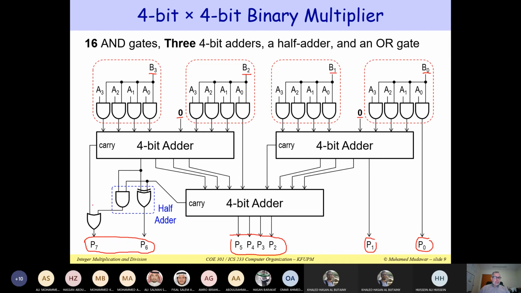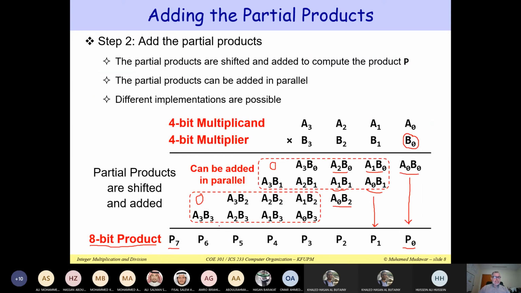Without going into the math, the math is just based on the previous slide. We are adding the first 2 partial products, and I'm also adding these 2 partial products. I'm taking their sum and then adding them. And then at the end, when I get the carries, I use them to produce the most significant 2 bits of the 8-bit product.